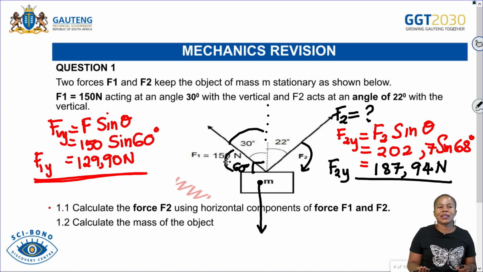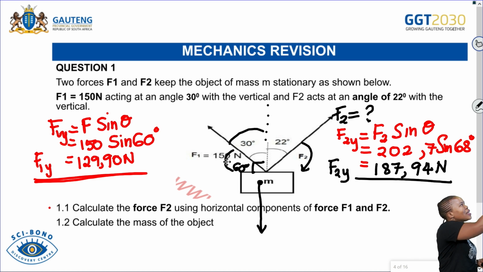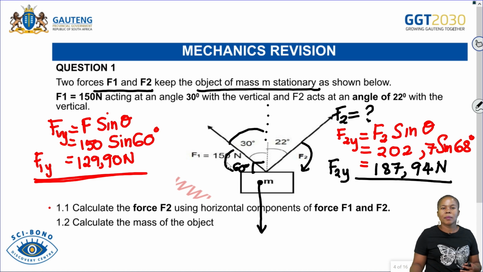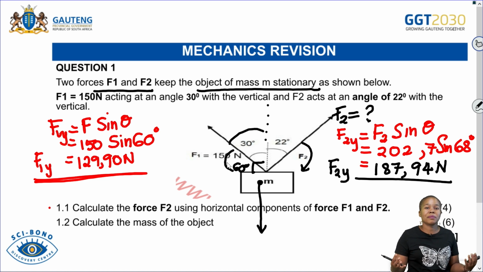What we needed to remember is that these two forces are keeping the mass stationary. It's not moving to the left or right, so the horizontal components of either side are equal. If I'm able to find F1x, I'm able to know what F2x will be.